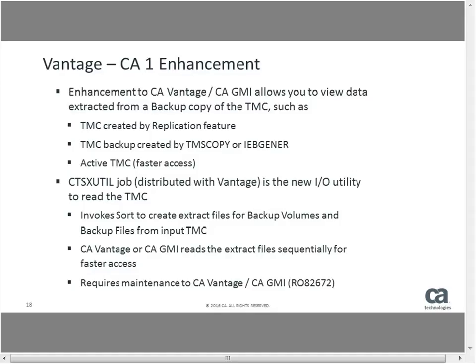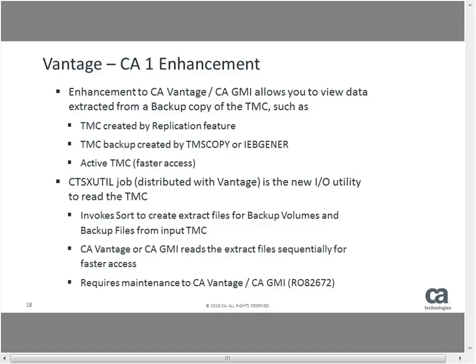It does it by running a batch job called CTSXUTIL, distributed with Vantage. And it reads the TMC very fast using sort, and then it presents the information to Vantage. It does require a Vantage PTF, RO82672, in order to use this feature.